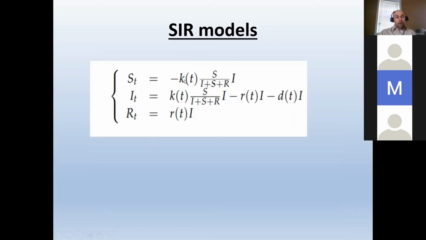If you do a lockdown, you bring your k to a low level. If you do nothing, your k remains high. There are other factors. The same for R and the same for D: you can act on the death rates by several factors.